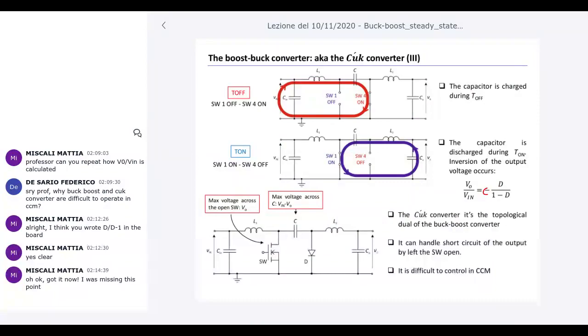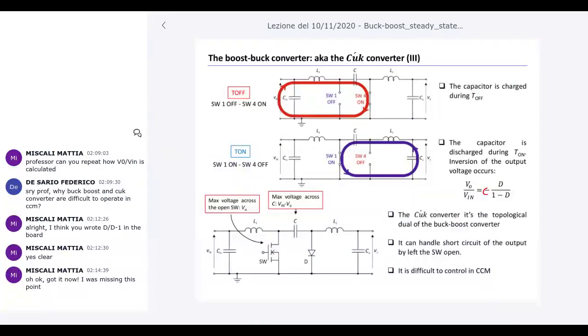The basic drawback of a boost converter, which I anticipate now but will demonstrate next week, is that when you operate a boost in CCM, the loop gain of the closed loop needed to feed back your system and effectively control it has some problems in stabilizing, because you have a zero in the right half plane of the imaginary plane.